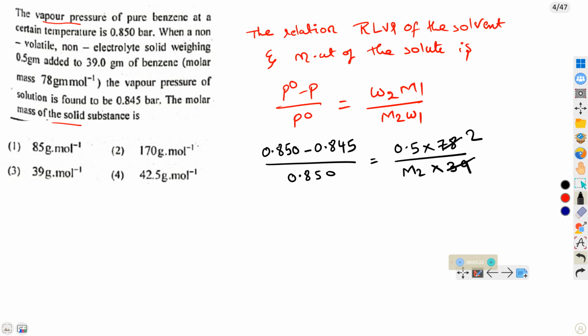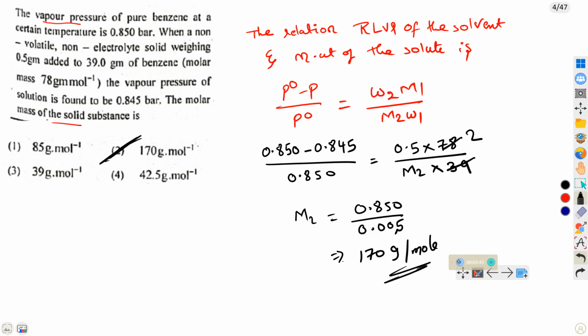So M2 is equals to 0.850 by 0.005. Simplify, you will get 170 gram per mole. Second option correct.